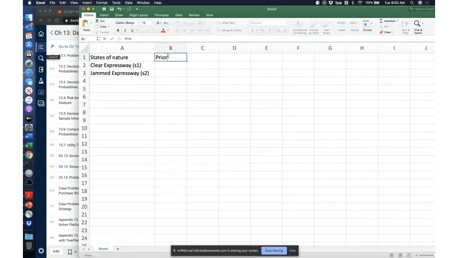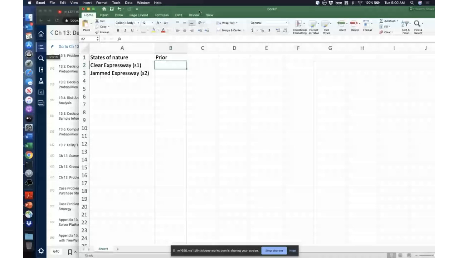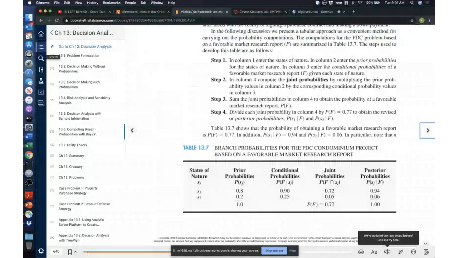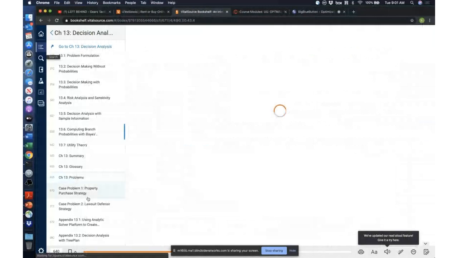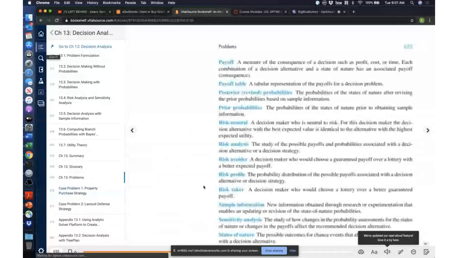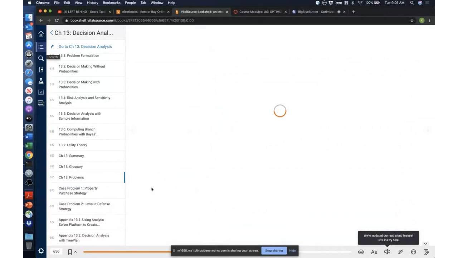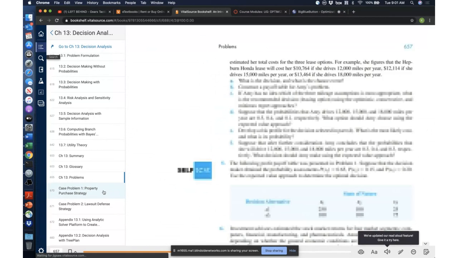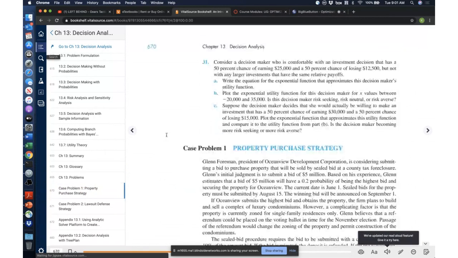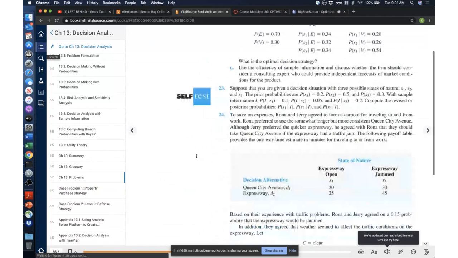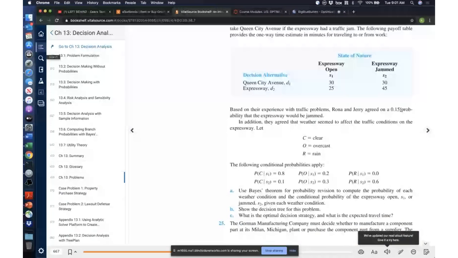Prior probabilities are your original estimates of the probability. So if you remember correctly, they estimated there's a 15% probability that the expressway is jammed.